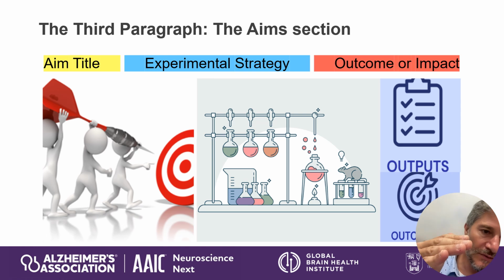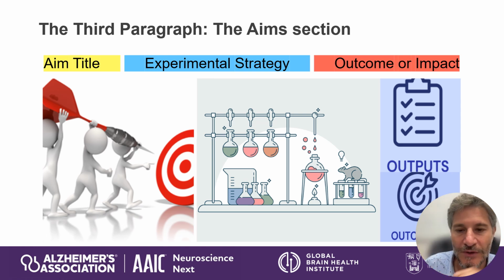In aim 1, you will say something like, establish the impact of the multi-component intervention on, let's say, quality of life of patients with dementia versus controls. In the second aim, you will say, evaluate the additional associations of the intervention with multimodal phenotypes, including, let's say, plasma markers or this or this.